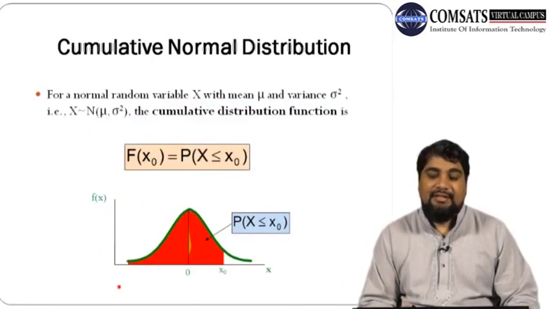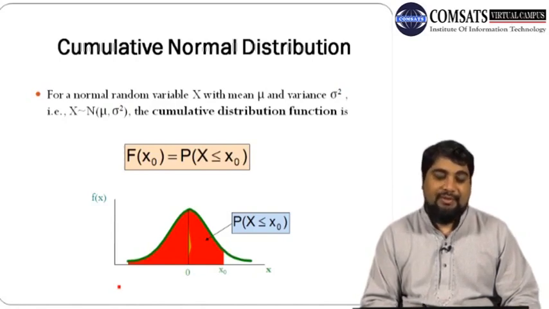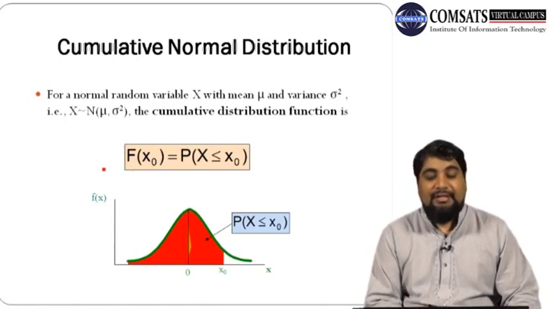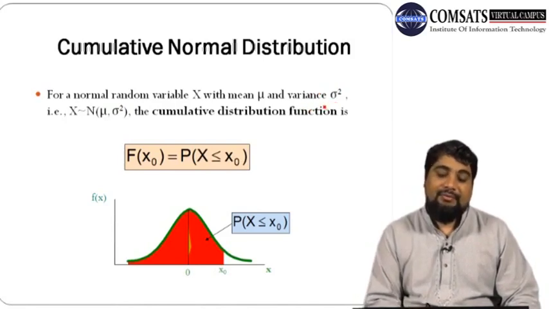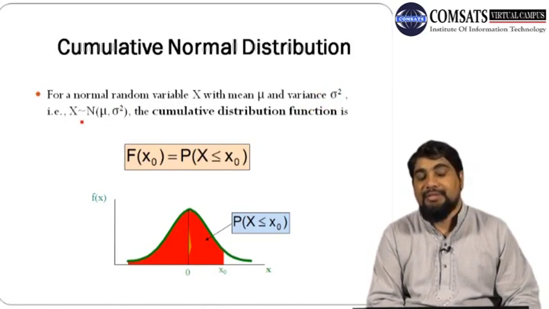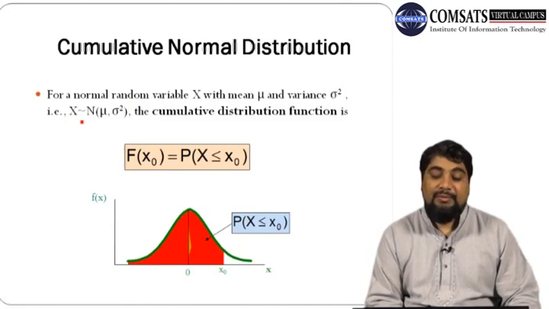Now let us discuss the cumulative normal distribution, which is also called the cumulative distribution function of a normal distribution. For our normal random variable x with mean mu and variance sigma square, we can write it as x is distributed as normal with mean mu and variance sigma square.